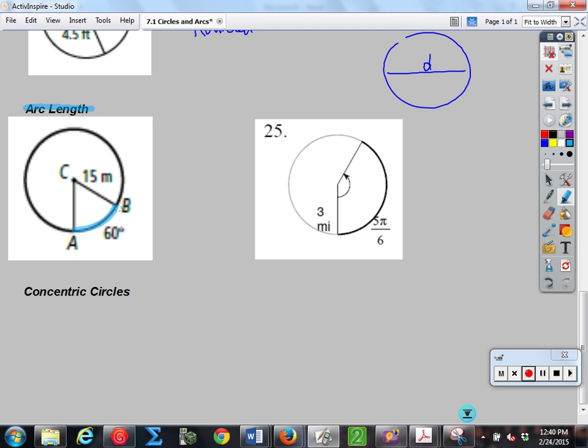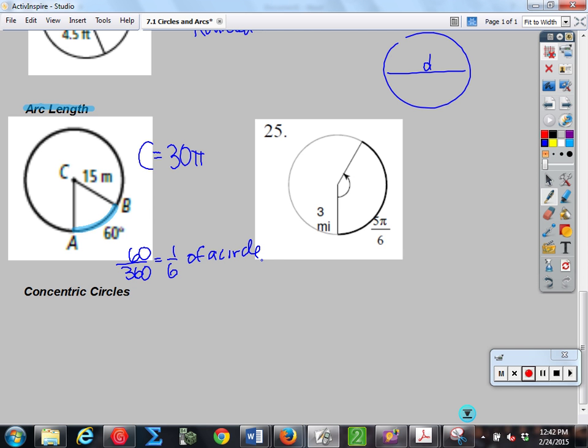So let's look at this. You guys decided that it was 60 out of 360. It is 1/6 of a circle. Right? The ratio of the 60 degrees over 360, it's 1/6 of a circle. So you take your answer and divide it by 6.